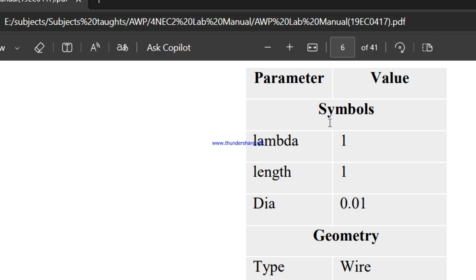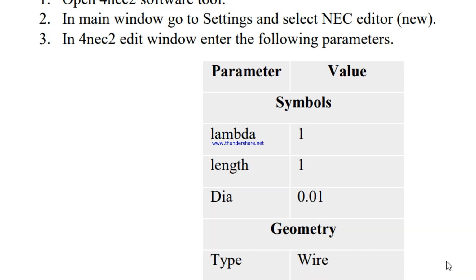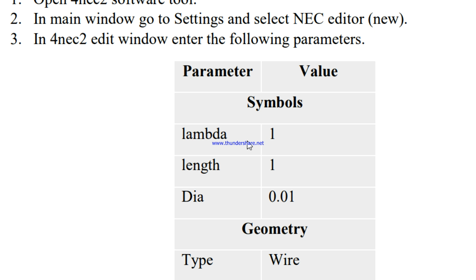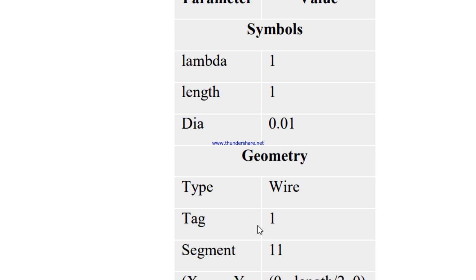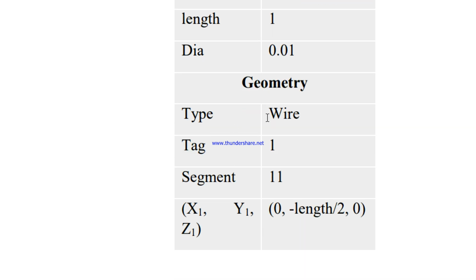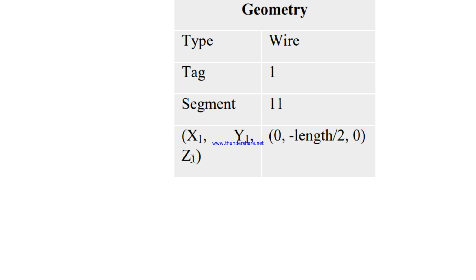See, lambda and then length, dia. These are nothing but symbols. In symbols you should write lambda, length, dia, where dia means diameter. Thereafter geometry: type wire, tag 1, segment 11, and then x1, y1, z1. Based on this order you can enter these values.